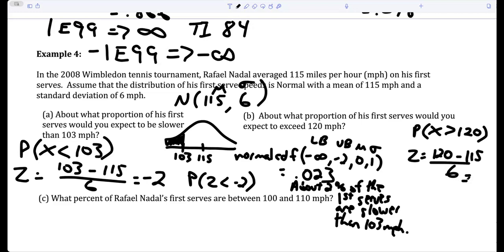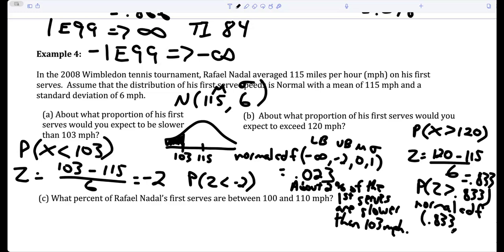That's going to give me 5/6, which is 0.833. And so I want the probability that my Z-score is greater than 0.833, so normal CDF. We've got 0.833, and my upper bound is positive infinity. Mu and sigma are 0 and 1.